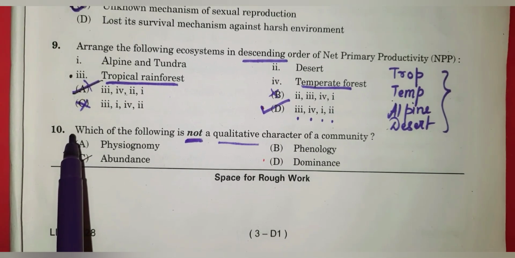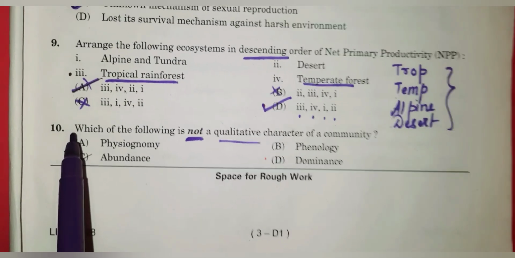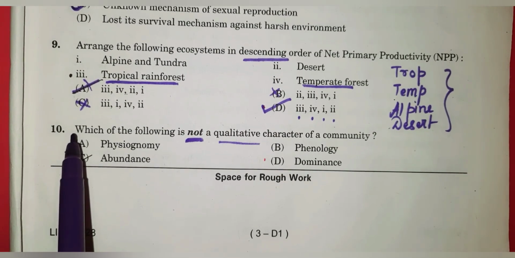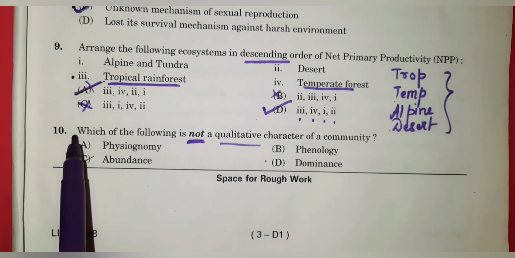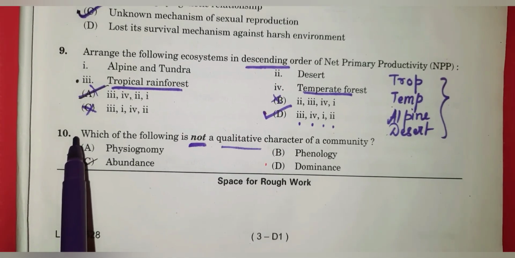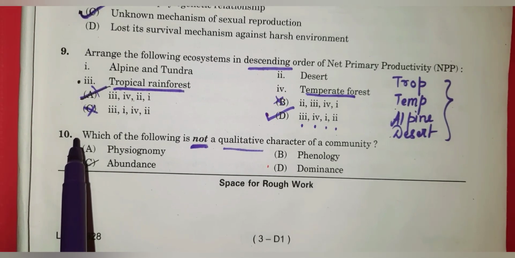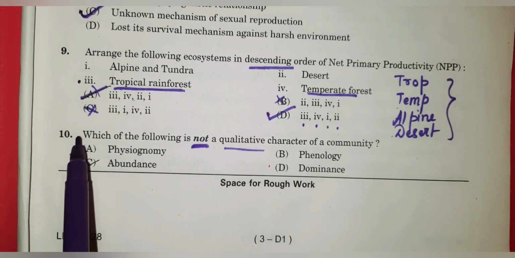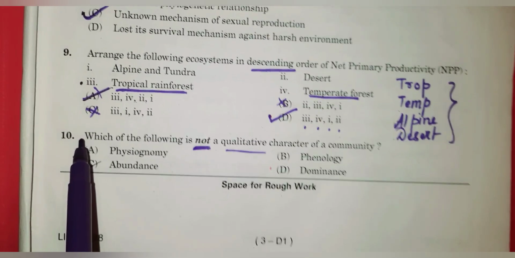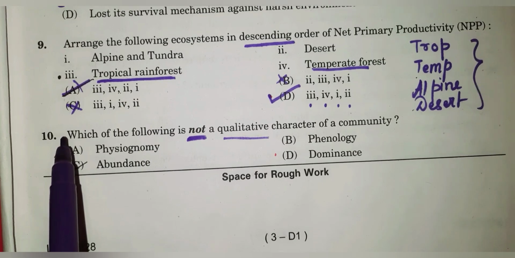Then coming to phenology. What is phenology? Phenology is the timing or cyclical or say seasonal biological events. Okay, biological events that are dependent on various types of seasons, like migration. In a particular season, a group of bird will travel from this particular landmass to another landmass. So that is migration. Okay. Next, coming to abundance.